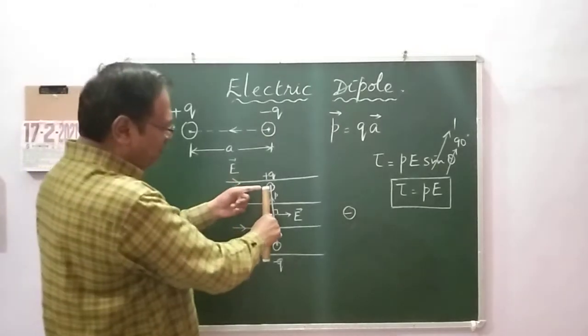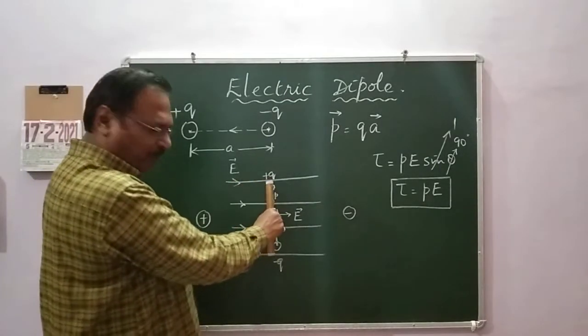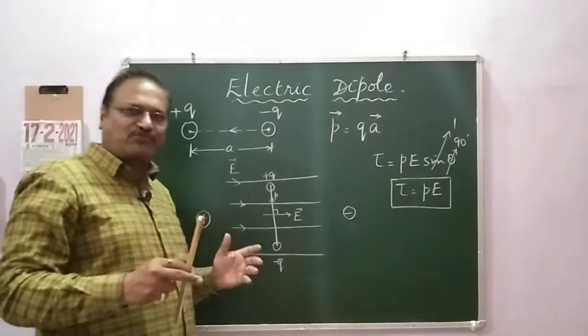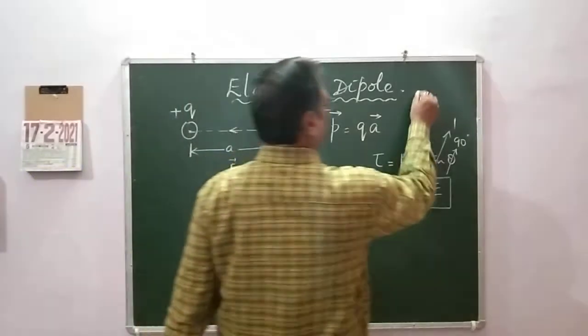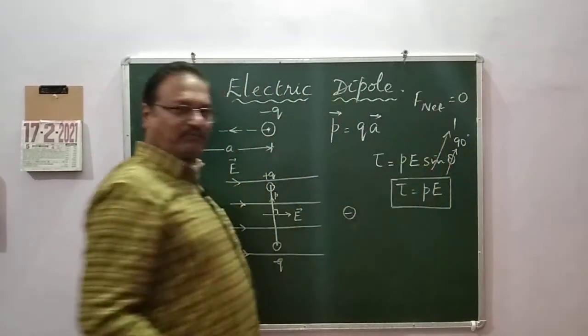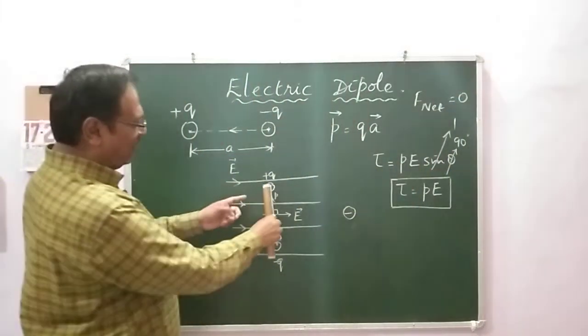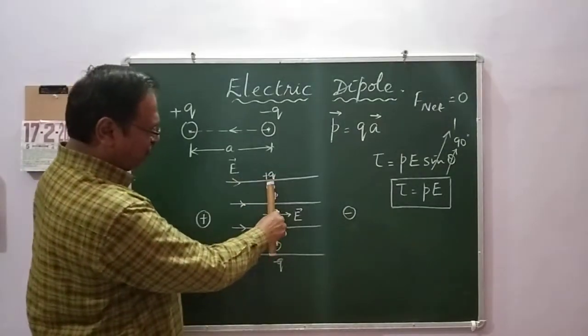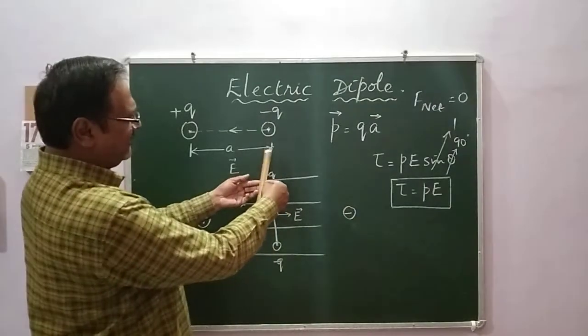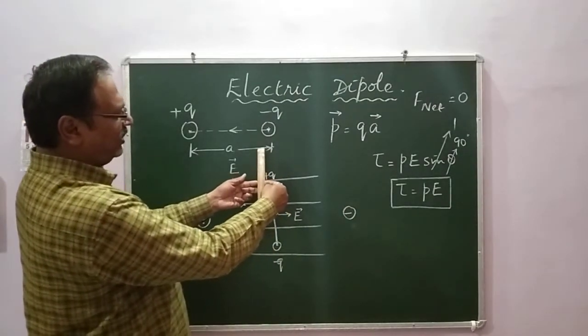Since the forces are equal and opposite, they cancel each other. The net force is 0. But there is a rotatory motion. Why? Because the lines of force of these two are not the same. If they both were acting in the same line, then there would not be any rotation.